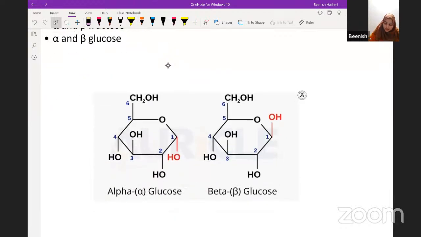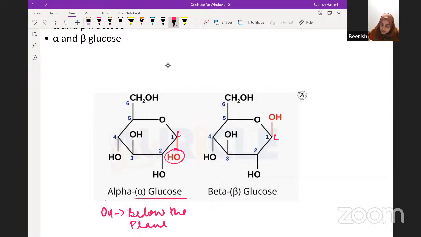Let's understand this with the help of structure. So this is your alpha glucose. You can see this is carbon 1. In carbon 1, the hydroxyl is below the plane. And in beta, you can see at carbon 1, the hydroxyl is above the plane.